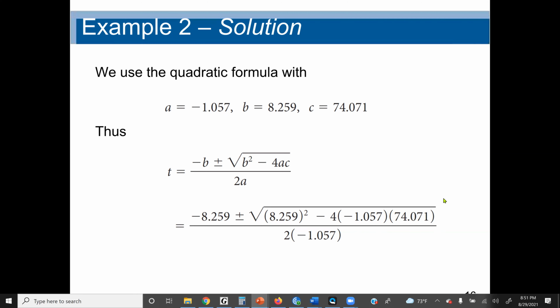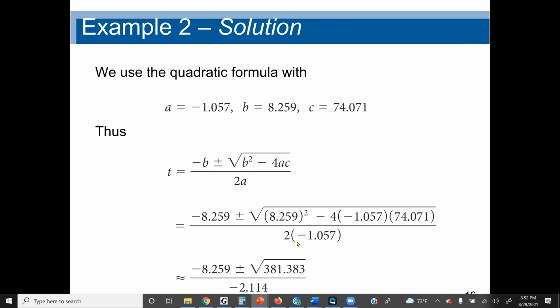So again, we do our arithmetic operations here, and this is what we get. Negative 8.259 plus or minus the square root of everything, and the expression under the root gives us 381.383. This value is greater than 0, so we're going to get two distinct values.